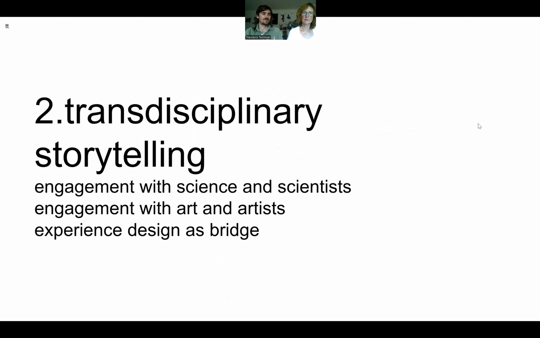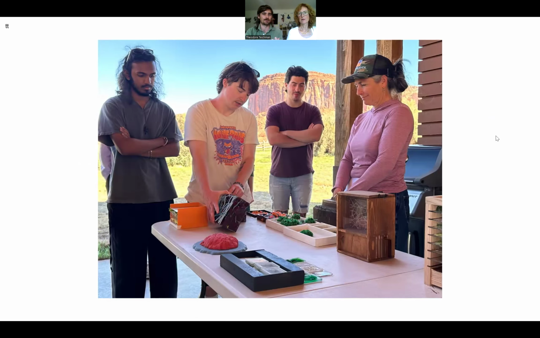Likewise, students became experts at transdisciplinary thinking and storytelling between and across disciplines by working with science and science literacy, as well as scientists, and working with art literacy, and artists, thinking about experience as a bridge. So students were communicating with different stakeholders, with experts in different fields, speaking different languages.